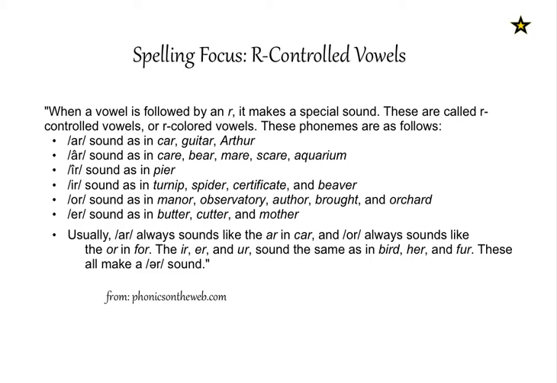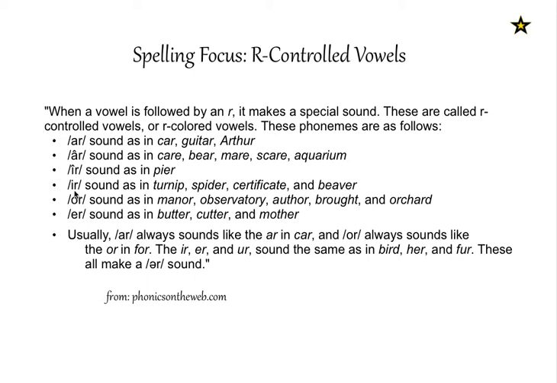So we have one, the AR sound as in car, guitar, or even Arthur. Then we have the air sound, such as in care, bear, mare, scare, or aquarium. The next phoneme that we have is the ear sound, such as in the word peer.